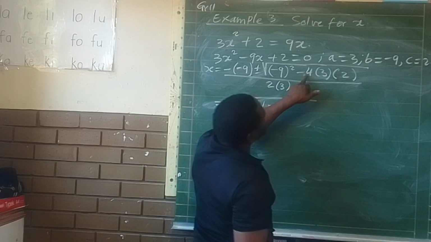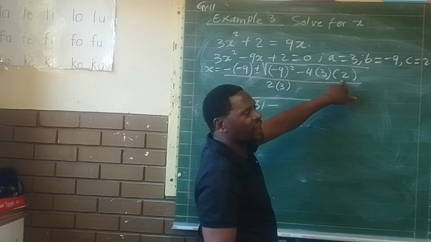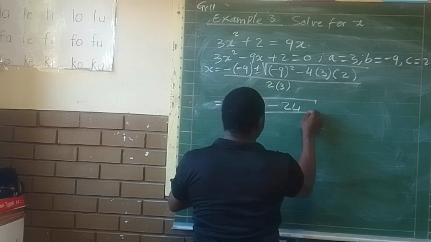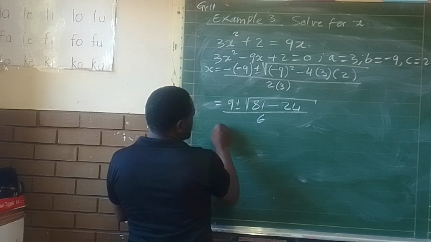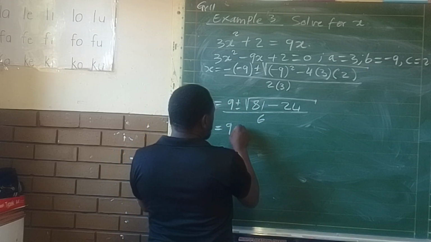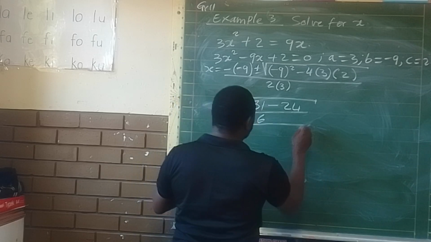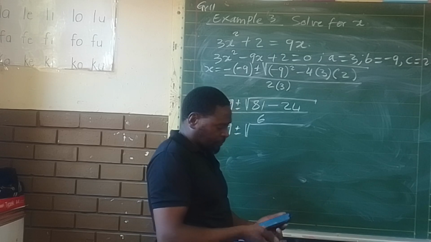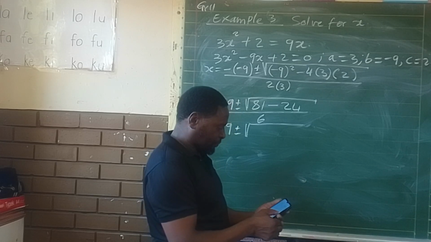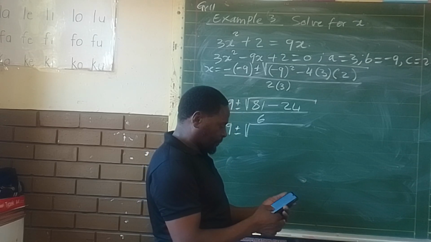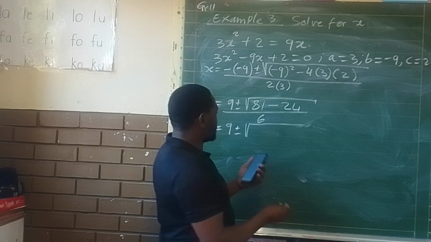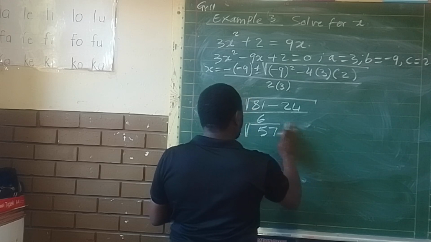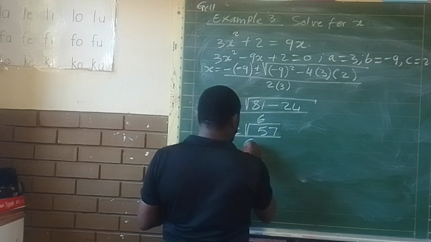minus 4 times 3 is 12, times 2 is 24, minus 24 all over 6, which is equals to 9 plus minus a square root of 81 minus 24 is 57, all over 6.